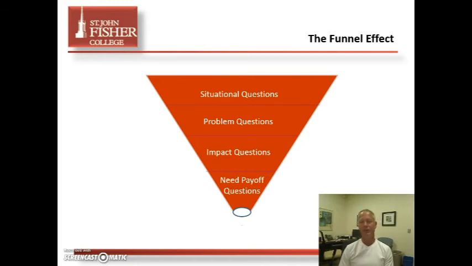Impact questions are how important those problems are and how much impact those problems have had on the person's business. And then finally, the need payoff questions. Usually they're tactical open or they're closed questions. Would it be helpful if I could? Tell me if you had a solution, how much would that help you? Things like that. That's your need payoff questions.